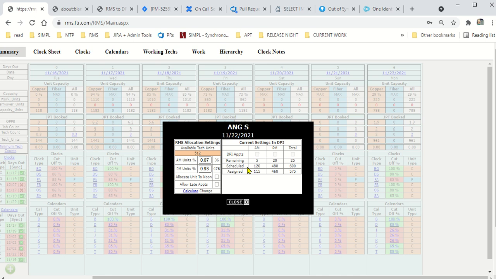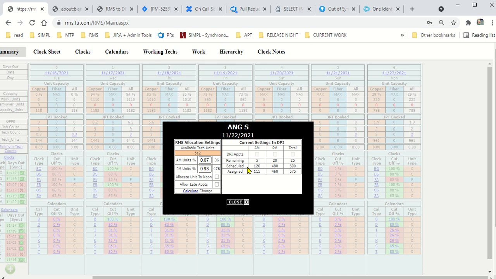So when we look at this, I still want there to be, to your point, you looked at the current work, right? The current work, I have 60 units in the AM, I want 120, which means I need work for one more job.